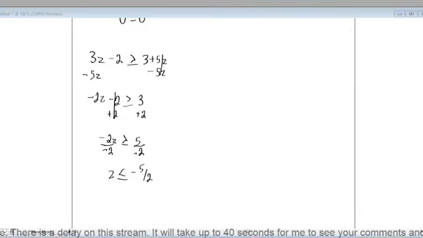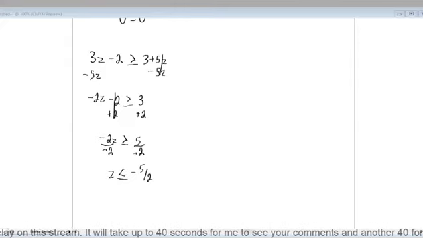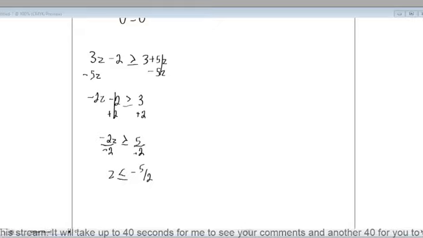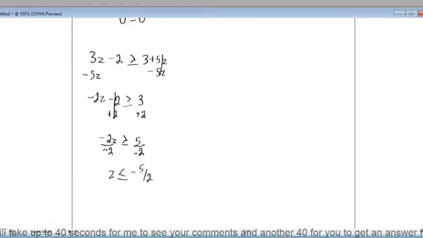So, like I said before, gotta keep in mind that these work mostly the same way, except for that one little part where if we multiply or divide by negative on both sides, we need to flip that inequality.